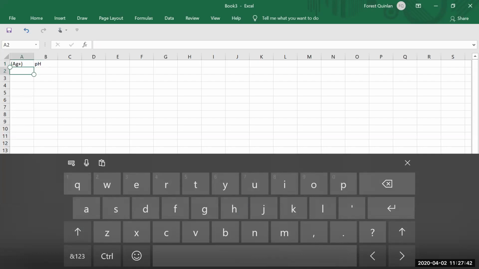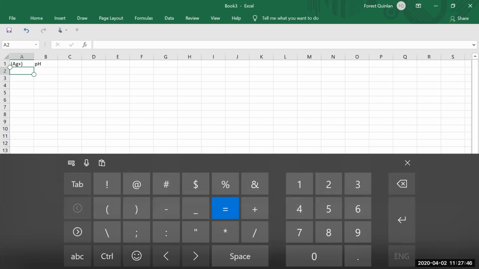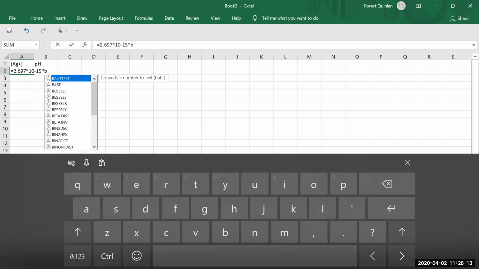Now we said that the concentration of Ag+ was equal to, Dallas, if you can give me that number again, 2.697 times 10 to the negative 15, times, and I need to get B2.